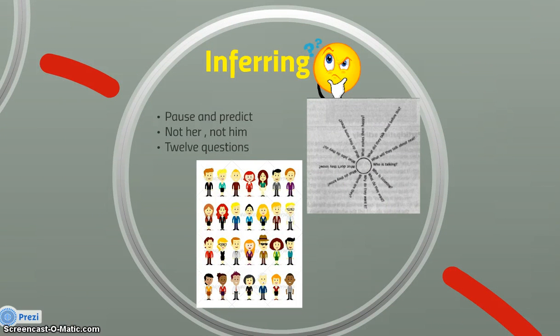Inferring, in this case, you can pause the recording and then make your students predict what's going on after listening to the first part, what they expect from the second part, and also establish questions to ask while listening.